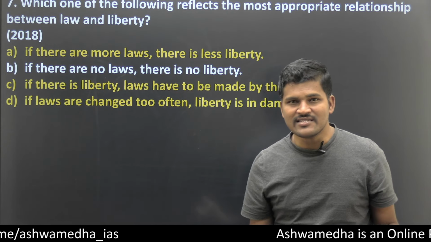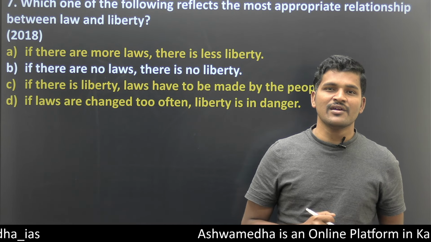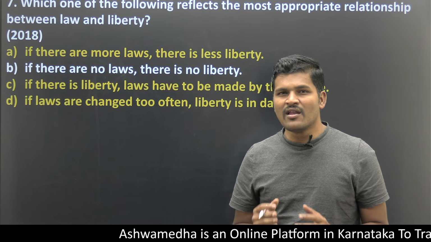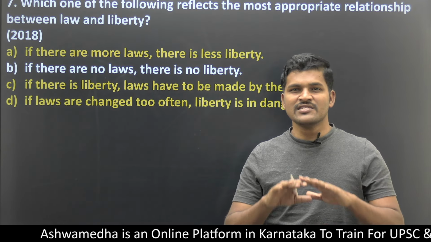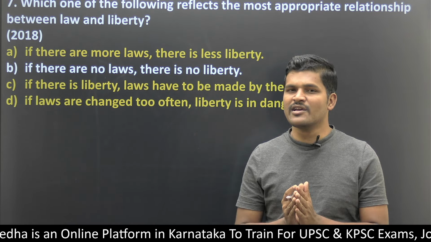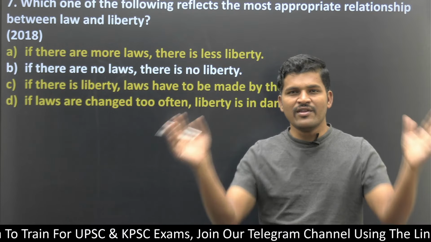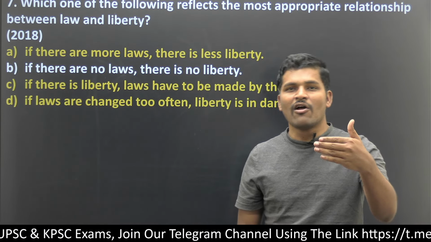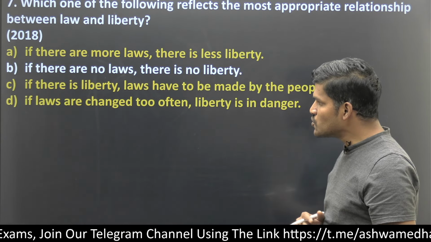They are visionaries. That's why you are enjoying liberty. So it is not expected that law be made by the people. People are generalists in nature. They are not aware of the intricacies of the lawmaking process. We do not expect every common man to become a lawmaker. No, that is not true.